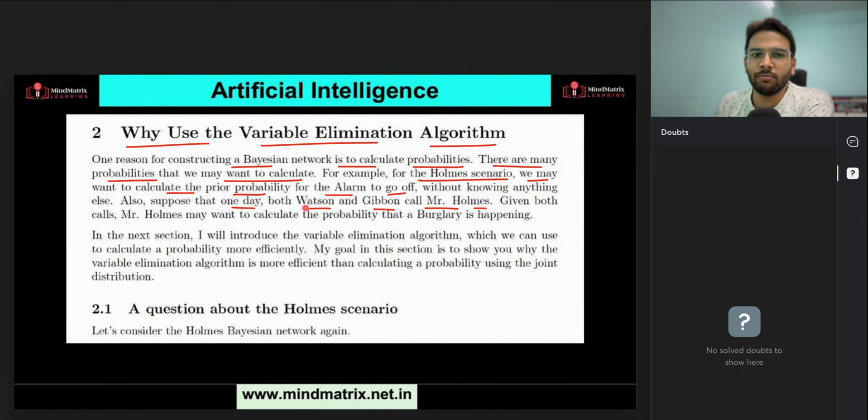So let's say here it is Watson and Gibbon, they call Mr. Holmes. Given both calls, Mr. Holmes, we may want to calculate the probability that a burglary is happening, right? So these types of questions can be asked. Now let's consider this example, and we will see why we can use this elimination algorithm and how it can help us.